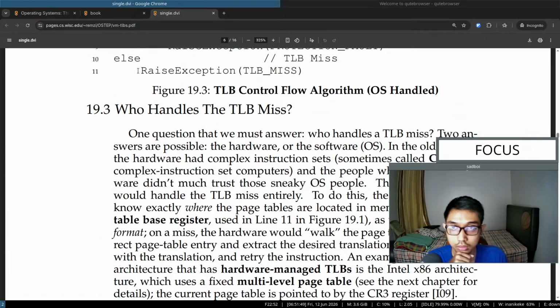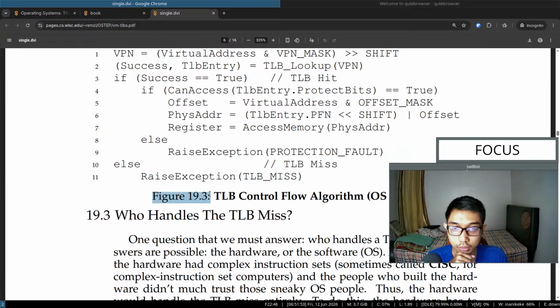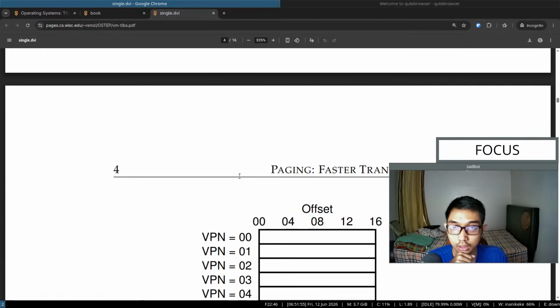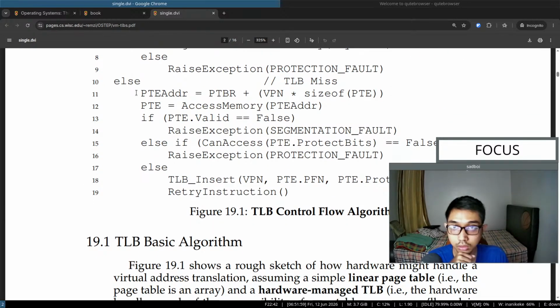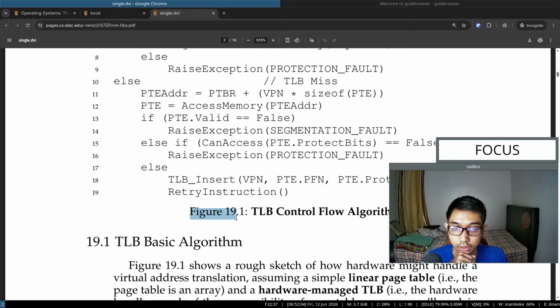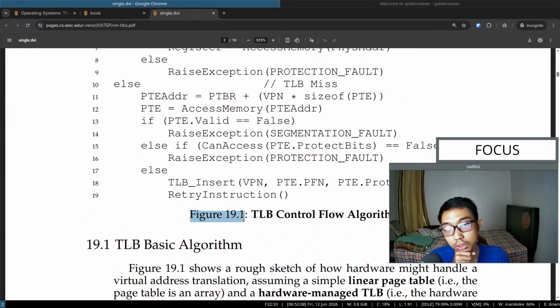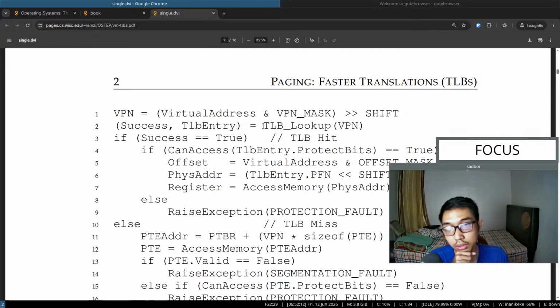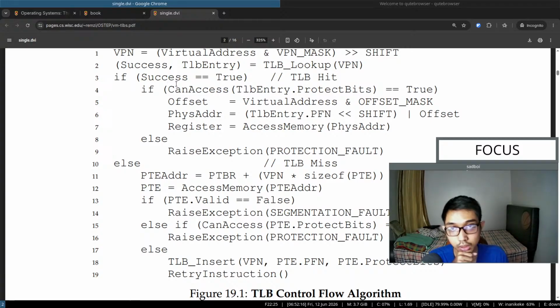Okay, this one, right? Figure 19.3, and also, yeah, I think this one for figure 19.1. Oh, so this is the translation lookaside buffer with the hardware, I assume. This algorithm.